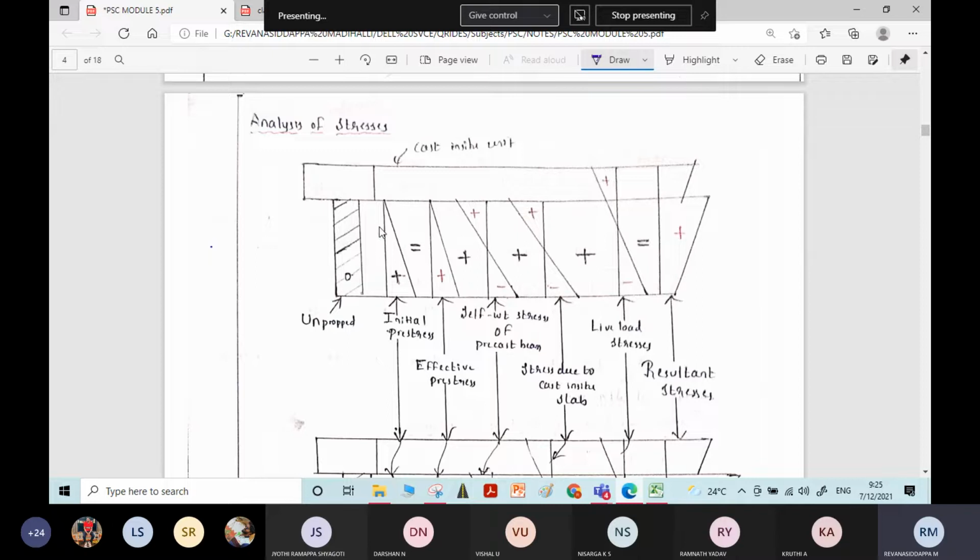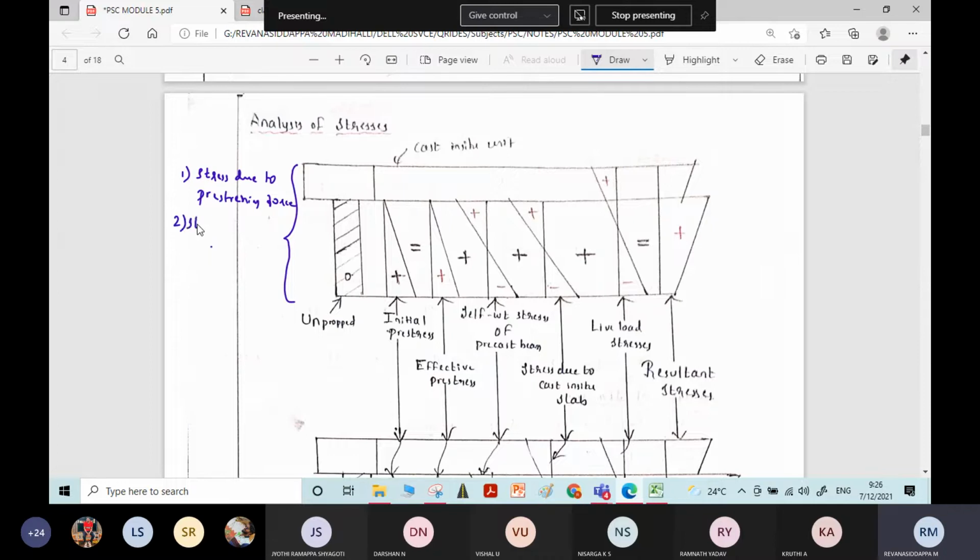If you take this composite section, there are stresses induced in different ways. One is stress due to pre-stressing force.